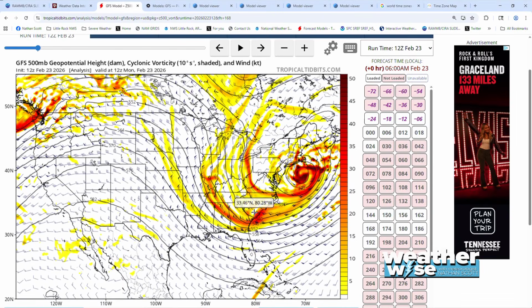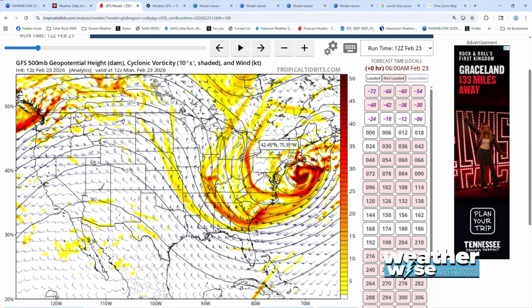You divide this where this kink is and where the base of the trough is, you make a line, and everything pretty much to the right of that line is going to have a better chance of lifting the atmosphere and producing precipitation. And this is important when it comes to severe weather, especially because of the orientation of this axis, which is known as a trough axis.